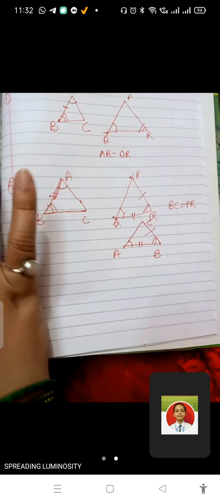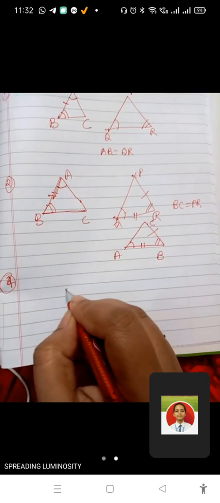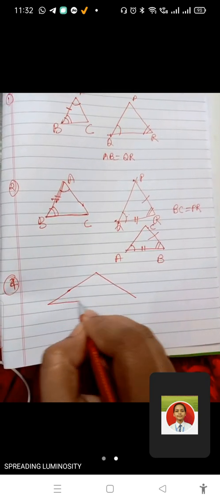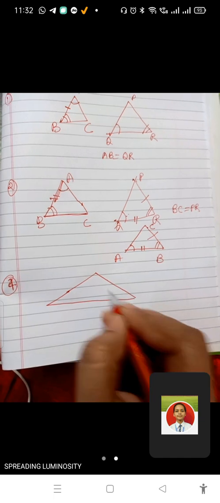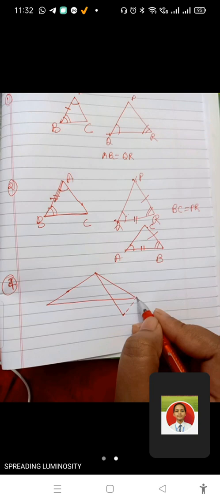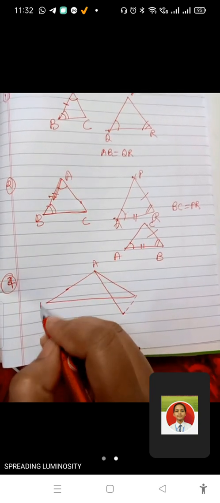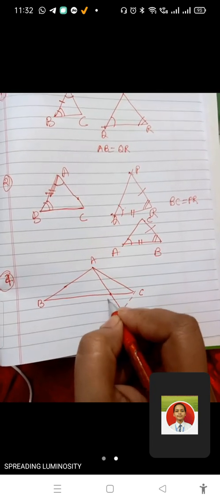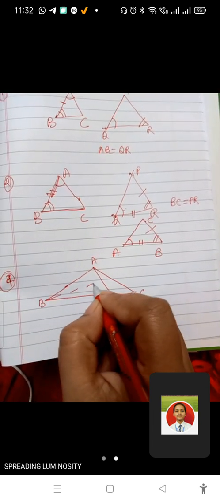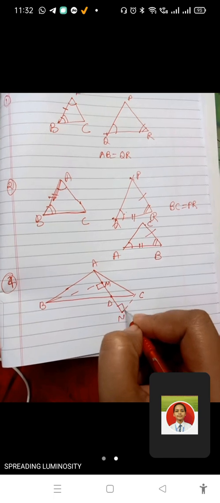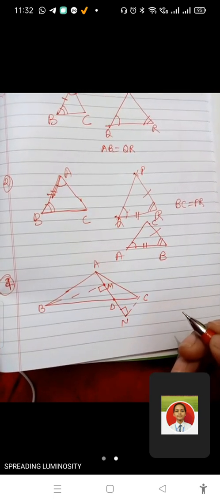In the fourth question we have a figure like this. This is A, B, C, N. This is D and this is M. It is given that these two angles are at 90 degrees.